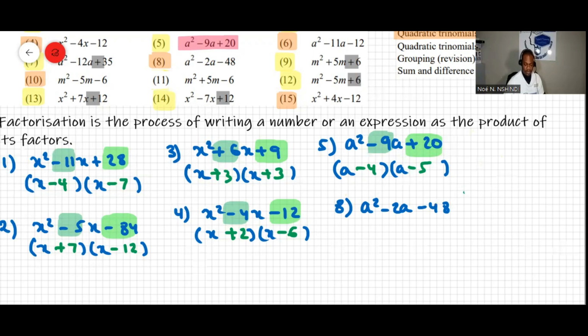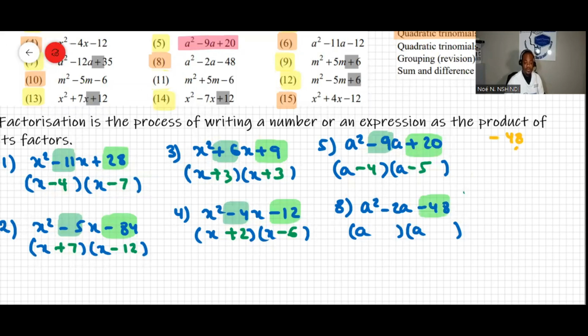Again, we will place the variable a in the bracket like that, and then we will consider the last term, which is negative 48. So I'm going to write here negative 48.